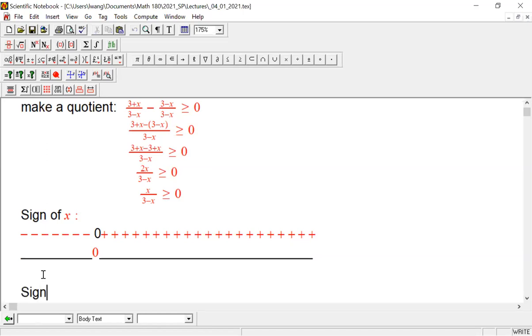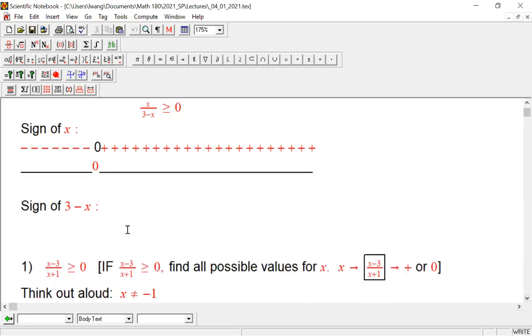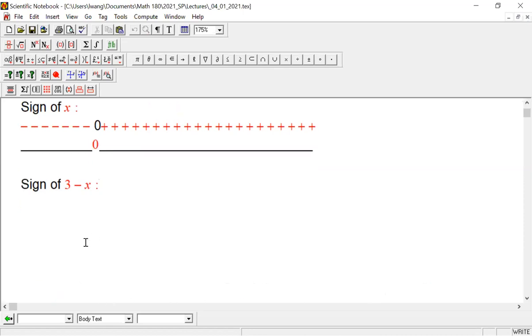How about the sign of 3 minus x? Once again, it changes sign at 3.